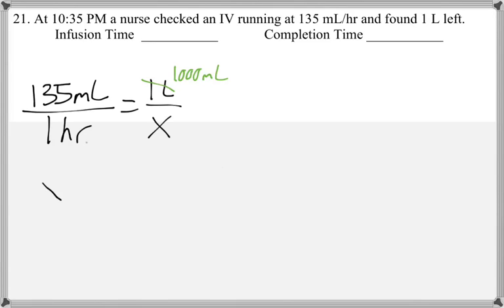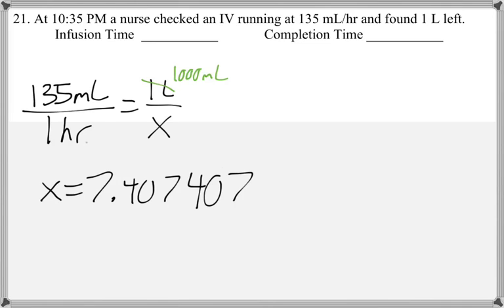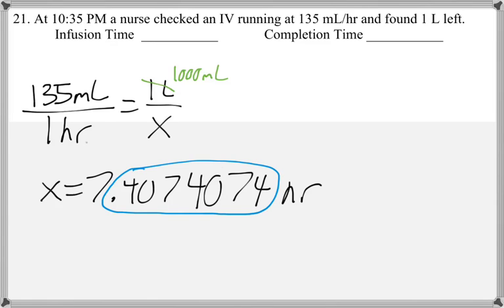And we get x is equal to 7.4074. And this is in hours. So I need to multiply the decimal part by 60 to convert that to minutes.